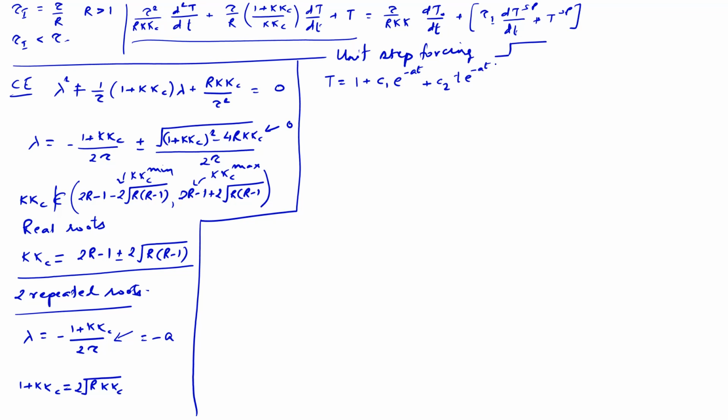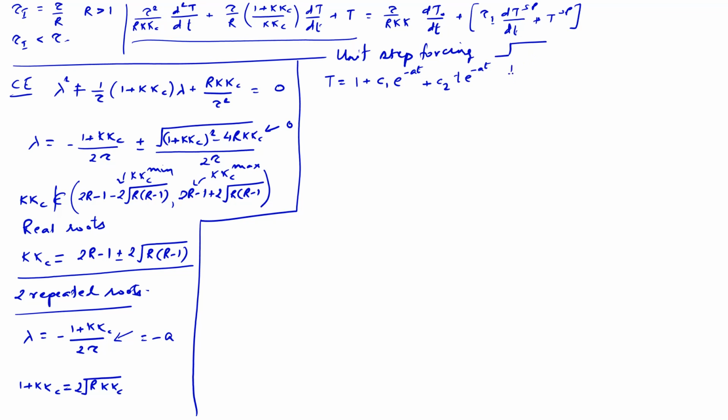This comes from the theory of ordinary differential equations. Just take it on good faith. We may also derive it at some point in time, but for now just take it on good faith. So this is the total solution for unit step forcing, and to get the C1 and C2 constants, apply initial conditions.